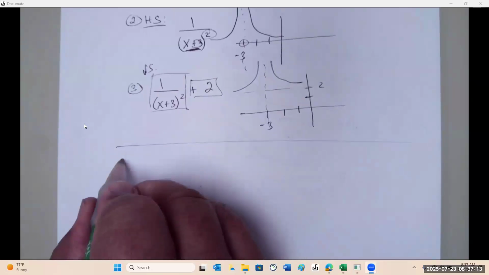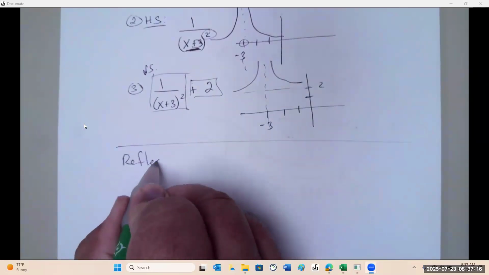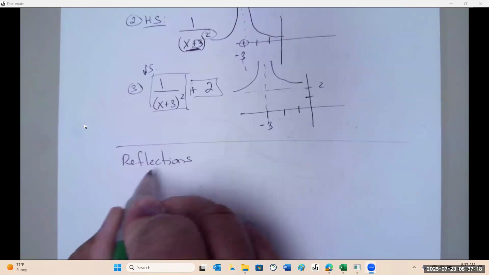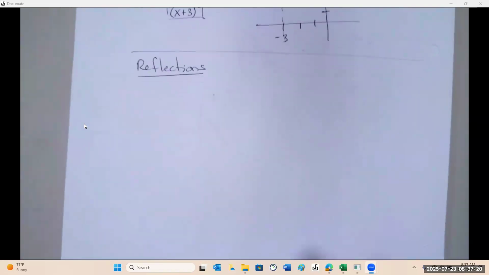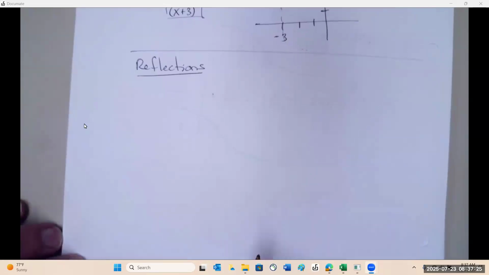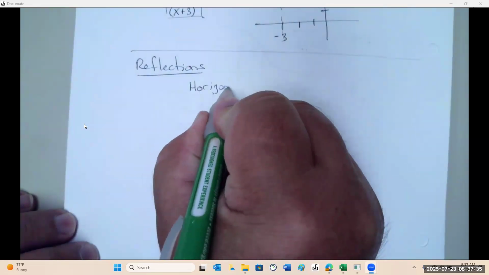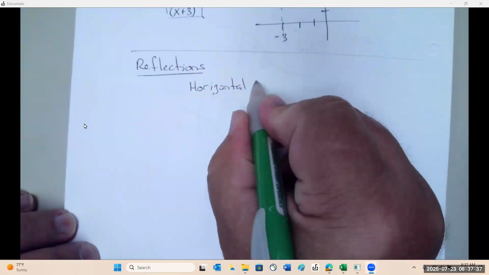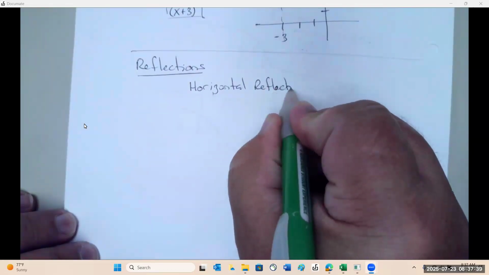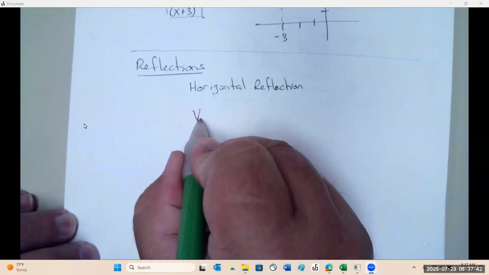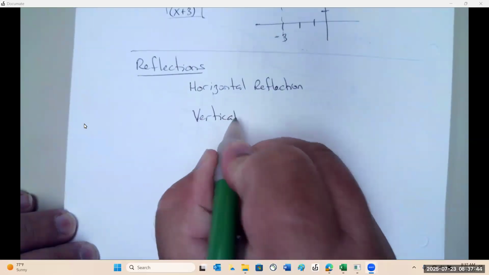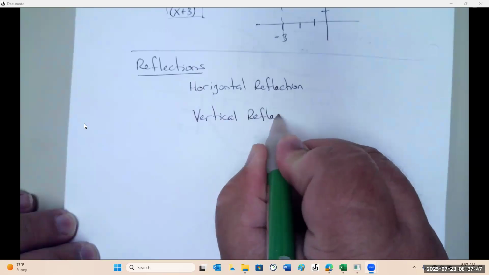All right, let's look at reflections. Remember, we have two types of reflections: a horizontal reflection and a vertical reflection.